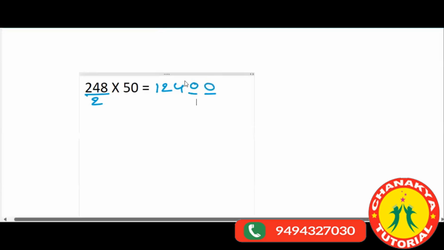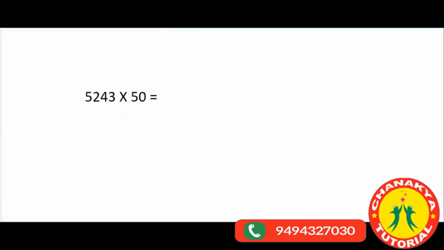Advika, yes, sir. All of you be ready. This is your question. We will divide with 2. It will go 2 times with remainder 1. Now it is 12, and it will go 6 times, remainder 0. Now it is 0, 4, and 4 goes 2 times with remainder 0.